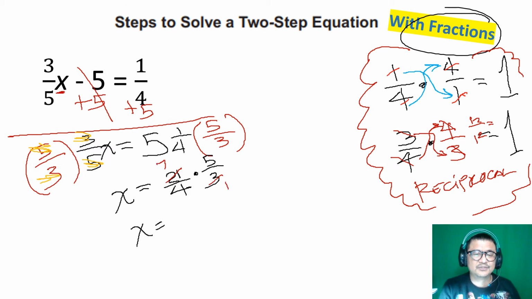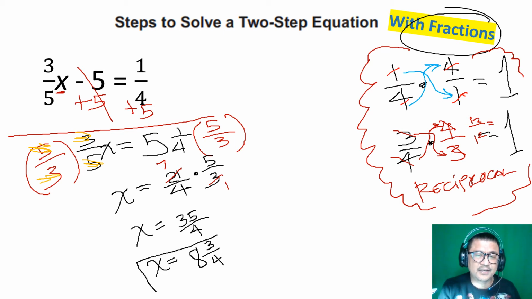All right, so the top would be 35 over 4. So x is equal to, how many 4s can you get in 35? You can get 8, because 8 times 4 is 32, with an extra of 3, and copy the denominator 4. So x is equal to 8 and 3/4.